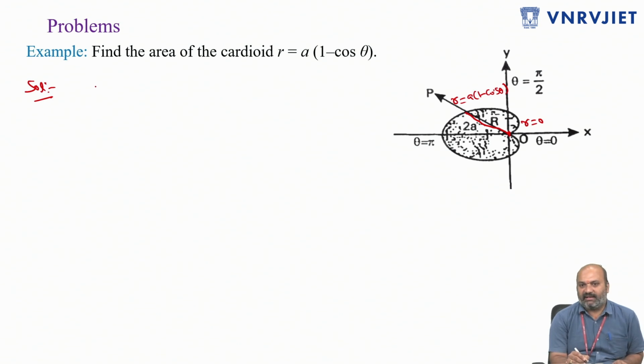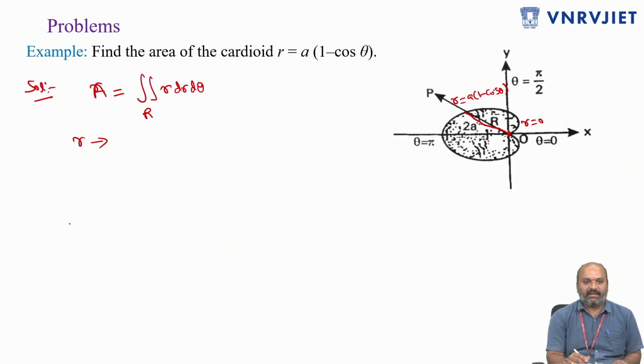we consider the limits. First, what is the area in polar coordinates? Area A equals double integral over the region R of r dr d theta.